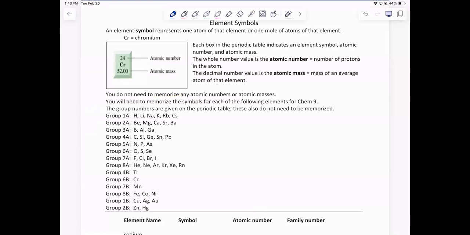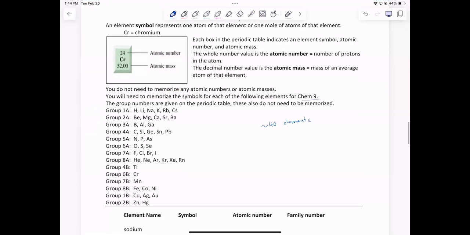There's about 40 of the elements in the periodic table that we most commonly use in Chem 9. And they're listed by group number, which is a way to organize the periodic table. The elements in a single vertical column are related because they have similar chemical and physical properties.